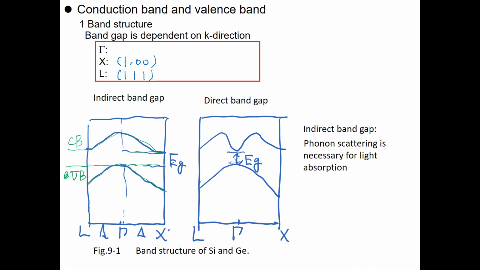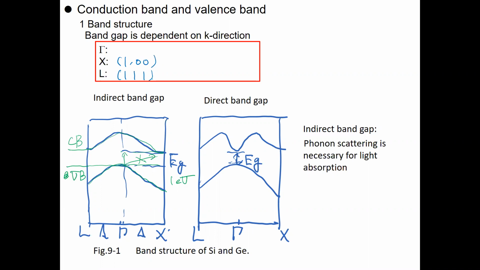Many chemists sometimes misunderstand that in the case of silicon, the light absorption band gap is just around 1 electron volt, but the light absorption itself is very weak because there is no direct excitation this way. So it is called an indirect band gap.